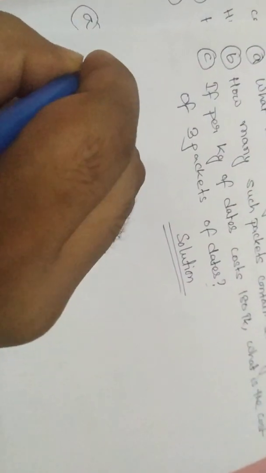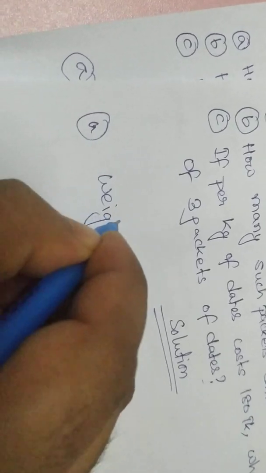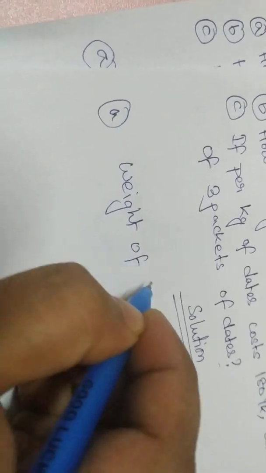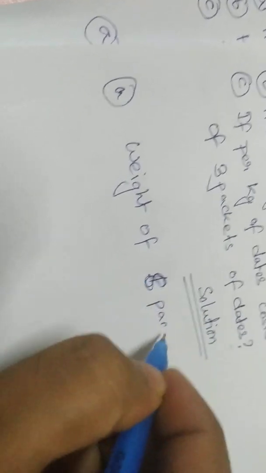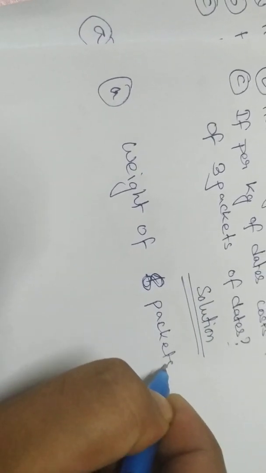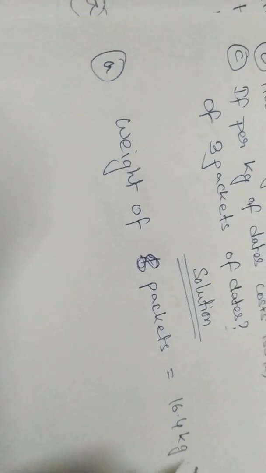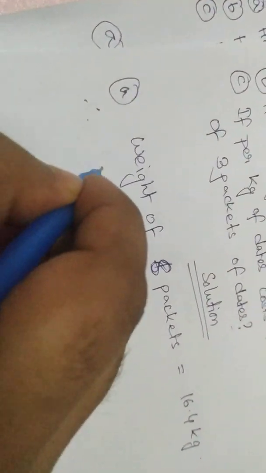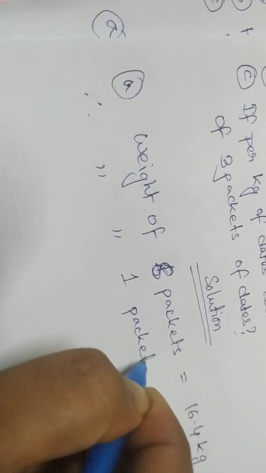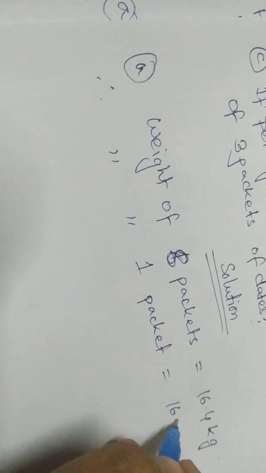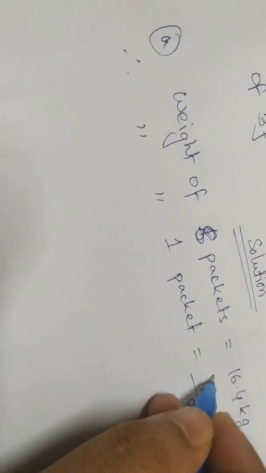So we can write weight of one packet of dates, 8 packets equals to 16.4 kg. Therefore, weight of one packet equals to 16.4 divided by 8 kg.